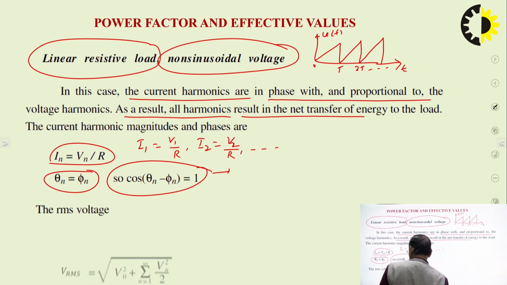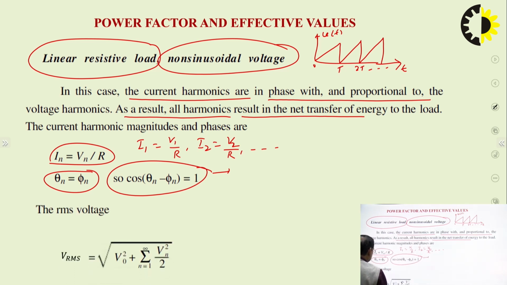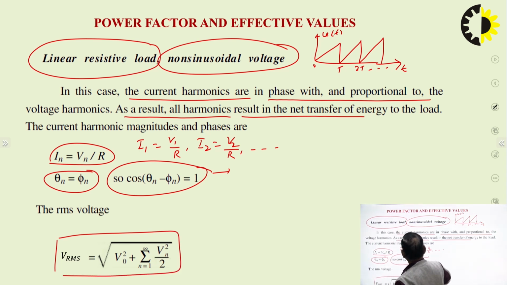So, RMS value in case the input is non-sinusoidal, it means it will contain harmonic voltage, and due to the presence of the harmonic voltage there will be harmonic currents in the system. So VRMS is the square root of V0 square plus the sum from n equal to 1 to infinity of Vn square upon 2.